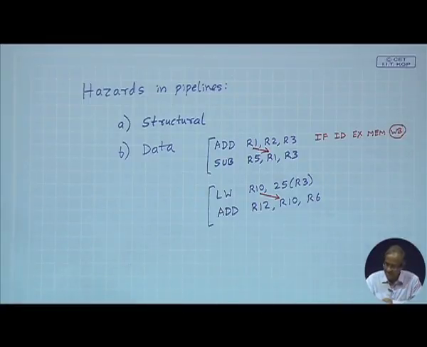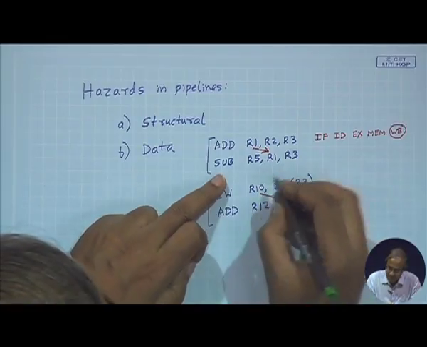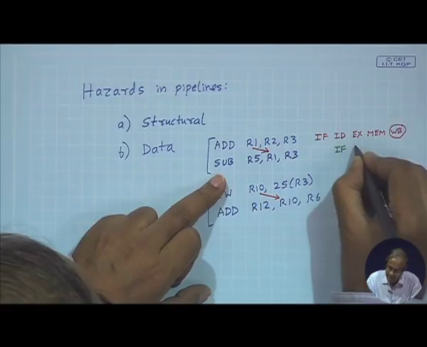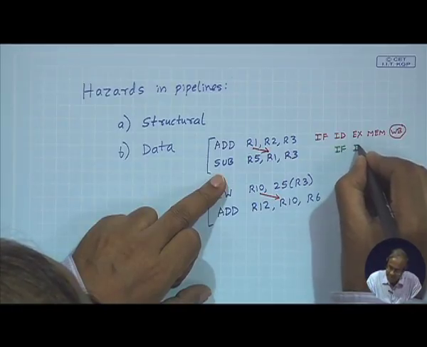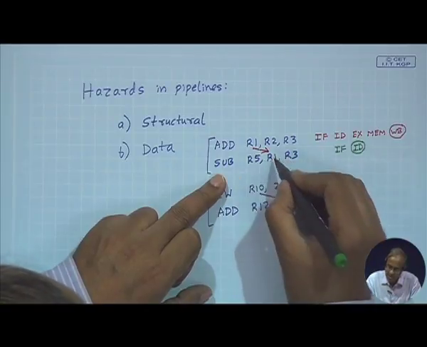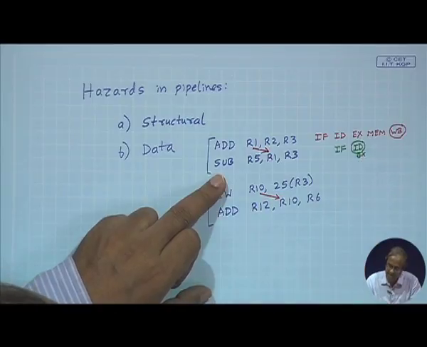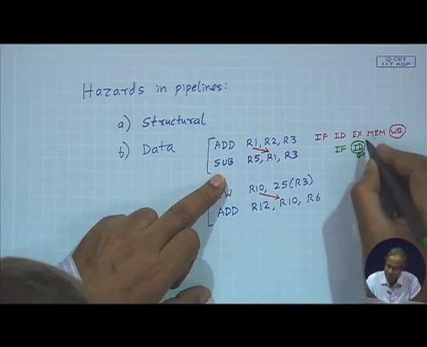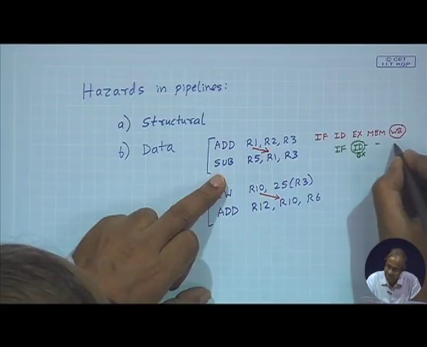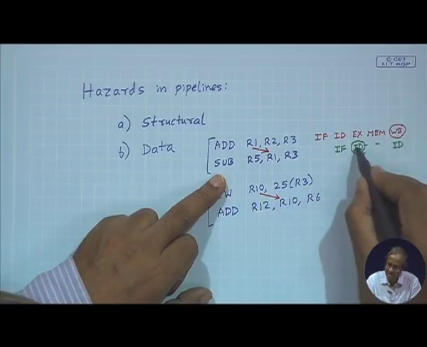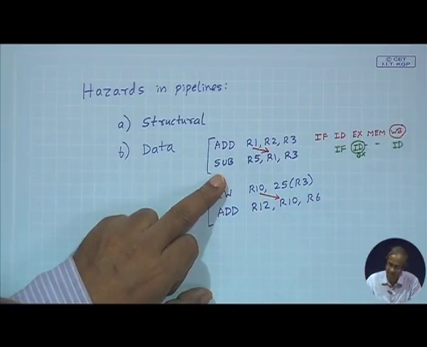But for the next instruction, the sub, fetching will be done here and we will try to do instruction decode and register fetching here, but because R1 is not yet ready, you will not be able to fetch the correct register value. So, you will have to wait, maybe you can do your instruction decoding here while this is being written. So, two cycles you may have to stall in between.